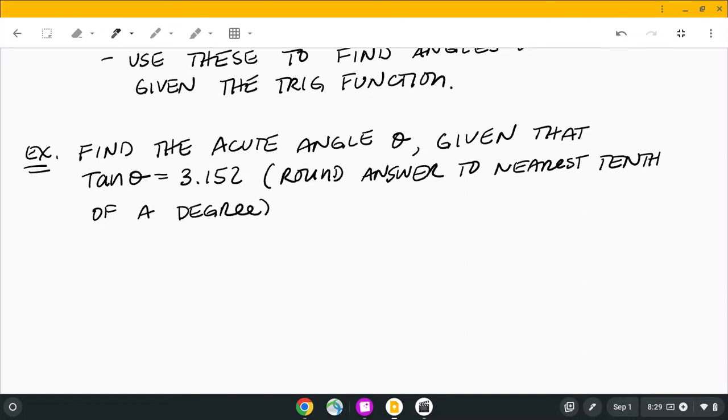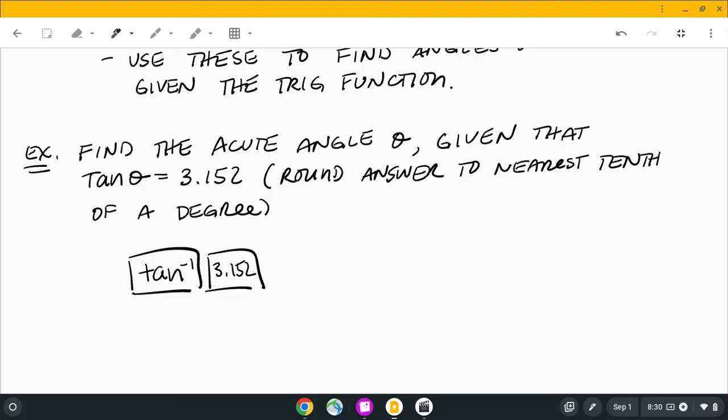So depending on your calculator, again, you might have to do this order. So you can try this one. Try doing this. Tangent inverse, hit that button first. Tangent inverse of 3.152. Okay, so I do the tangent inverse of this, and that should give me theta.